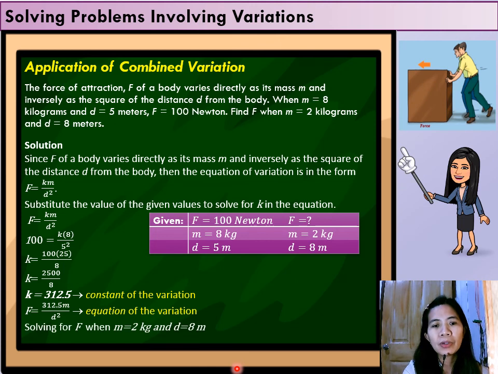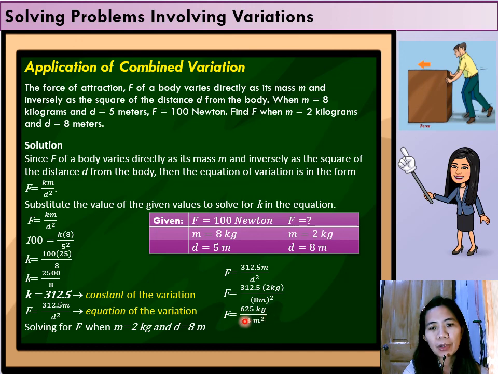Now, using this equation, we're going to solve for the value of force if the mass is 2 kilograms and the distance is 8 meters. Then we're going to substitute and simplify. So 312.5 times 2 kilograms is 625 kilograms all over 8 meters squared, which is 64 meters squared.